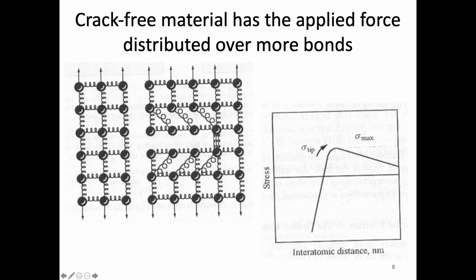In fact, what we find is that there's an intensity of that force on what we would refer to as the crack tip. So this bond right here. An unusually high amount of stress is applied to this one particular bond right on the leading edge of this crack. What this is trying to show is that the stress at the tip is the highest anywhere in this material.